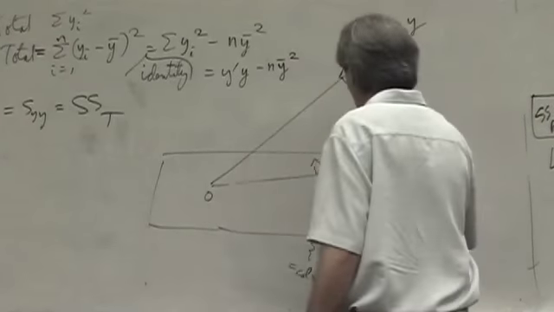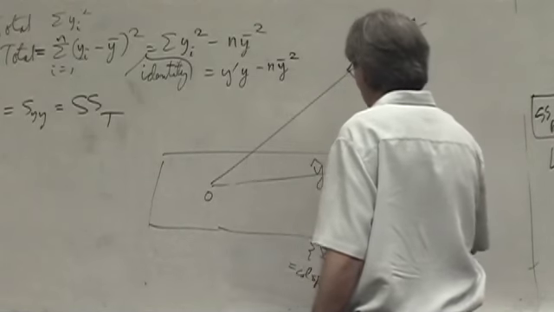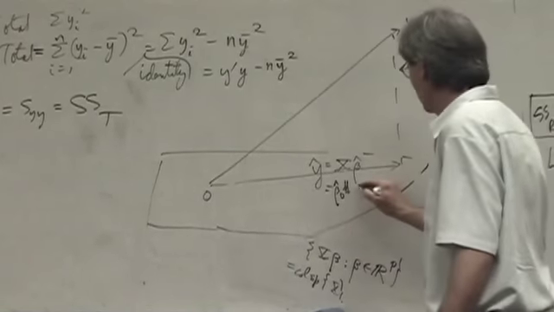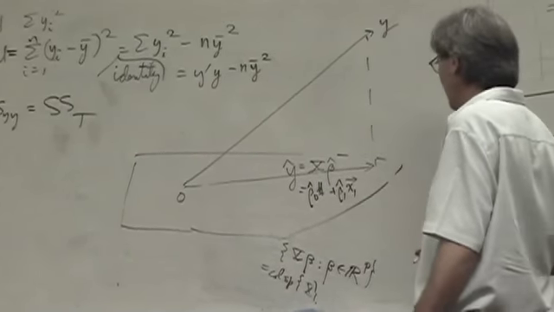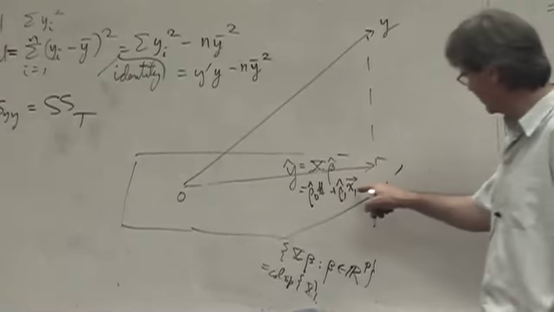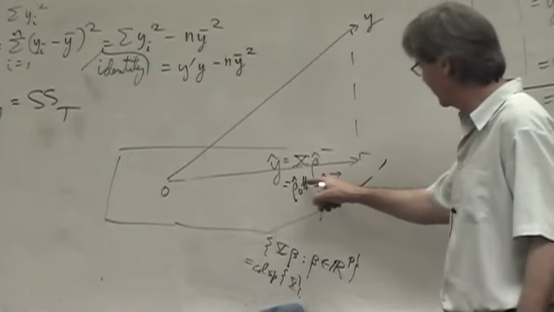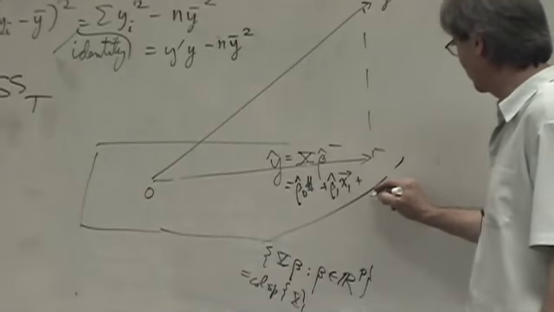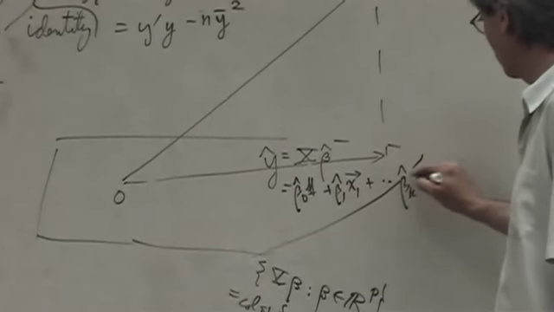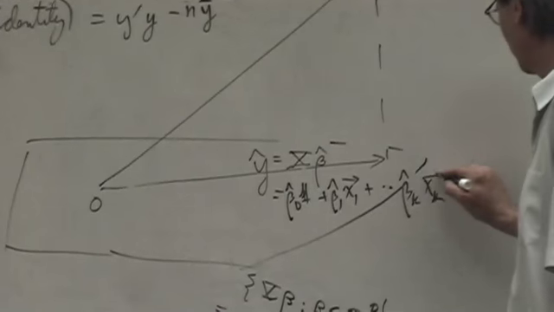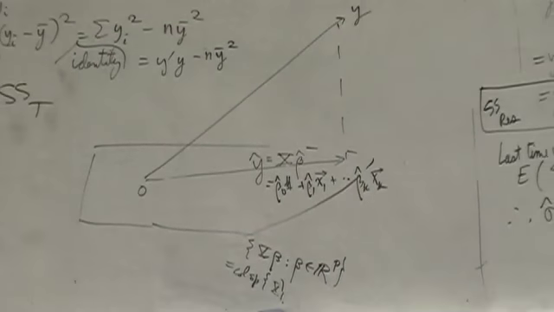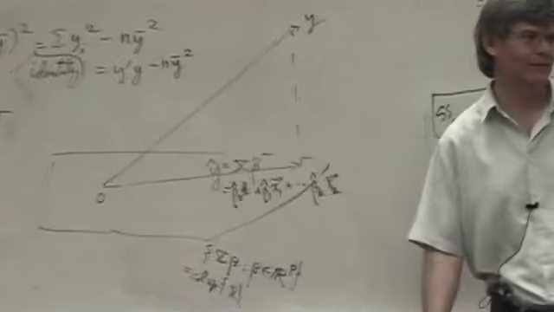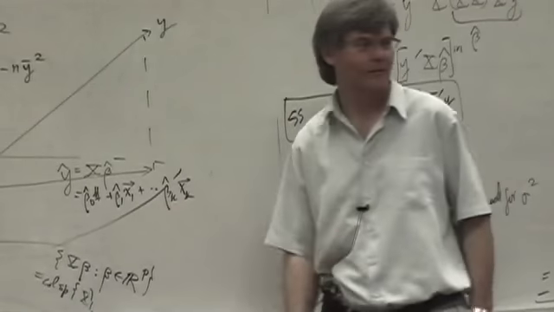X beta hat is beta 0 hat times the first basis vector of the column space of x, the intercept regressor, plus beta 1 hat times the second element of the basis, the first regressor, and so on, then the kth regressor. So the beta hats in this picture are the coordinates in terms of the basis given by the columns of x for this subspace of R^n.